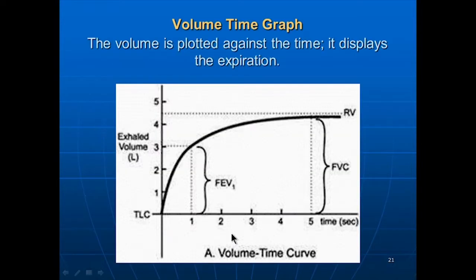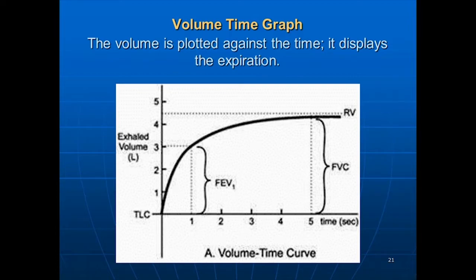So you can see from the previous slide, the forced vital capacity will be the amount of volume that is exhaled all the way to the end of 6 seconds, till the patient can't exhale anymore. That's called the forced vital capacity. So it's the amount of volume that is exhaled as forcefully as possible in 6 seconds.